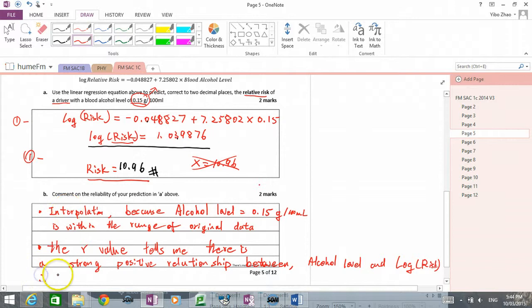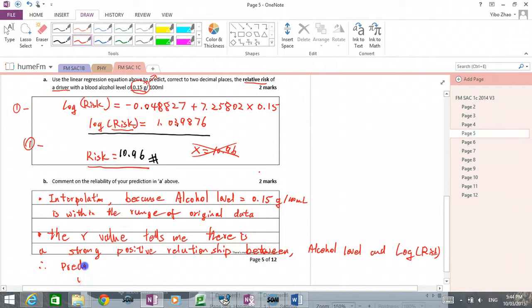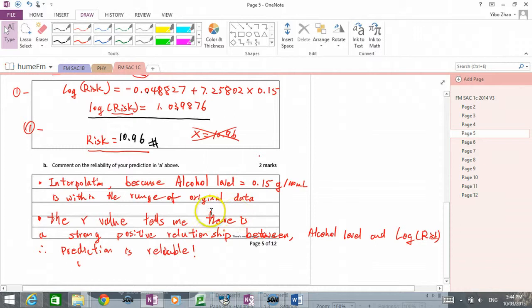So the prediction is reliable. Okay, this is how you get 2 marks. Normally, in the final exam, it will be 3 marks. You need to mention interpolation, and you need to mention the R value, and you need to tell people that the prediction is reliable.